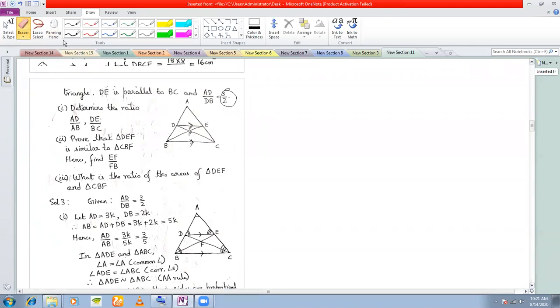The first part of the question states: find AD by AB, given AD by DB is equal to 3 by 2. So I say let AD is equal to 3K, DB is equal to 2K. So this is my 3K, this is my 2K.